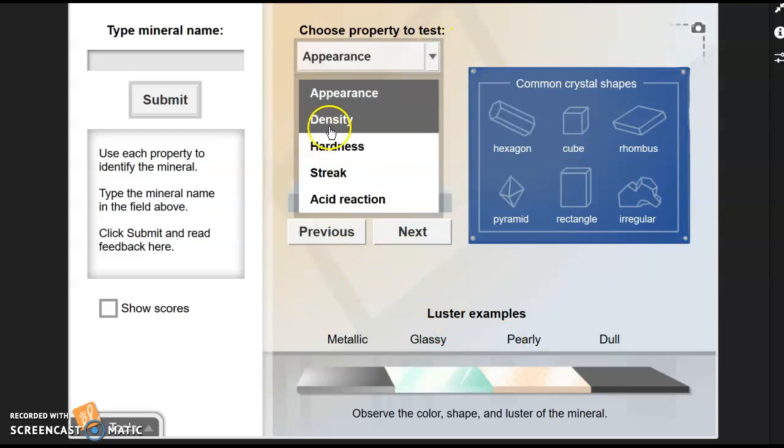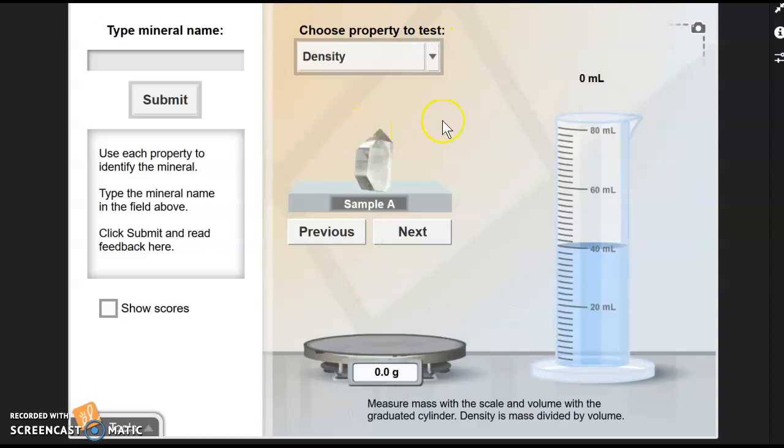Let's take a look at its density. Now, this is the one where we're going to have to do some math, guys, so bear with me on this. We talked about this early on in the year, and that's one of the reasons I really like this Gizmo, because it practices this skill of calculating density. Because it is an odd shape, we can't calculate its volume, in other words, how much space it occupies, easily by measuring it.